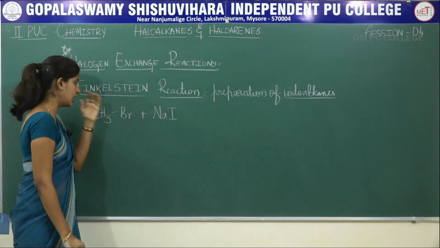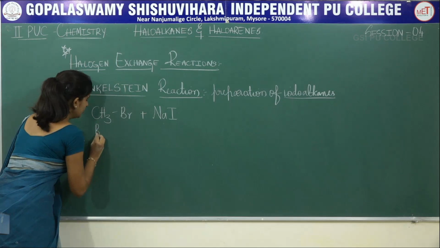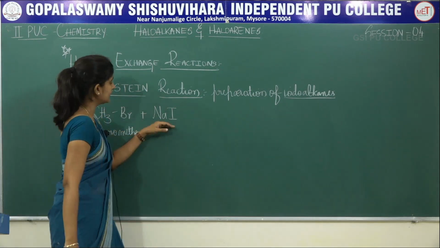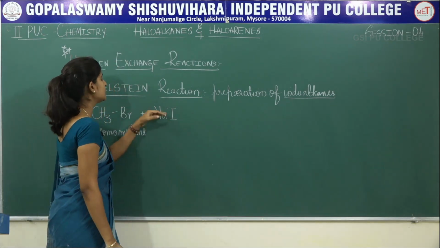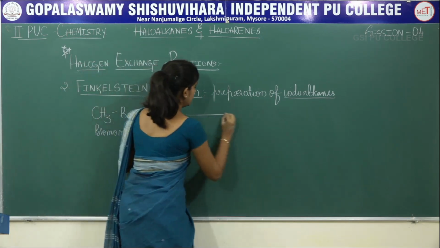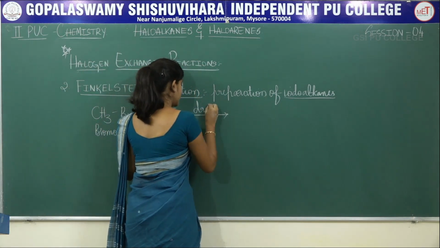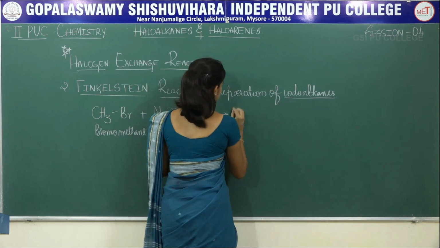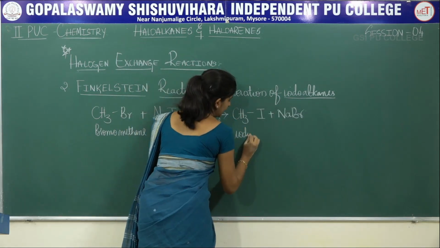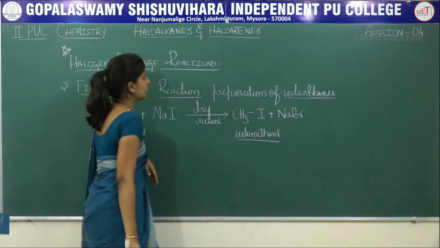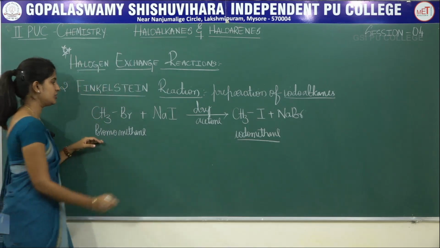It's a salt, again it's a salt. So your bromomethane is reacting with a salt, that is sodium iodide, the sodium salt of iodide, in the presence of dry acetone to give you iodomethane as the product. So again it's a simple halogen exchange reaction.